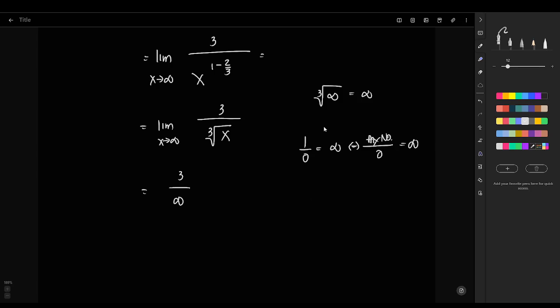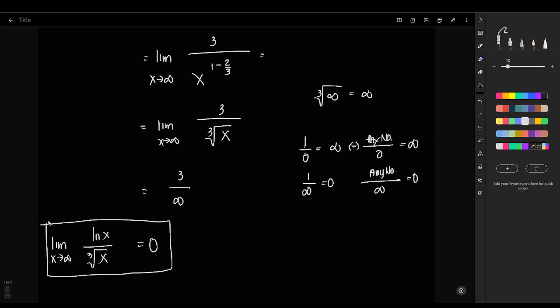If you reverse this, that would be 1 over infinity, which equals 0. And so any number divided by infinity equals 0, and that's what happened here. So the limit as x approaches infinity of ln x all over the cube root of x is equivalent to 0.